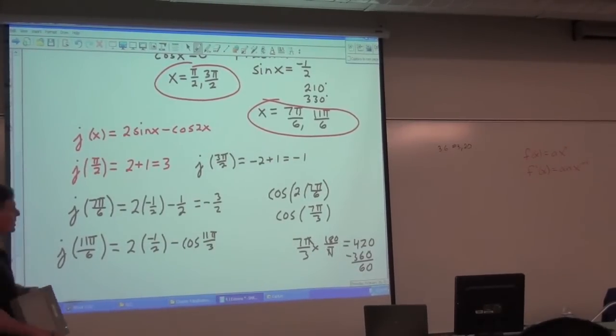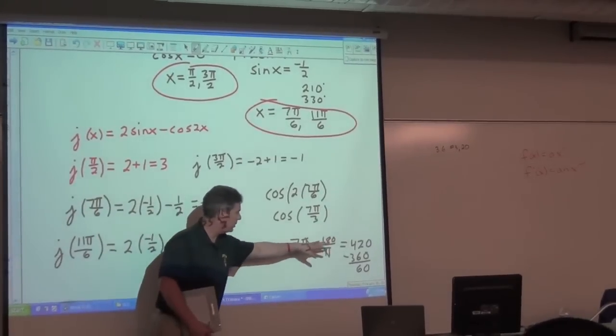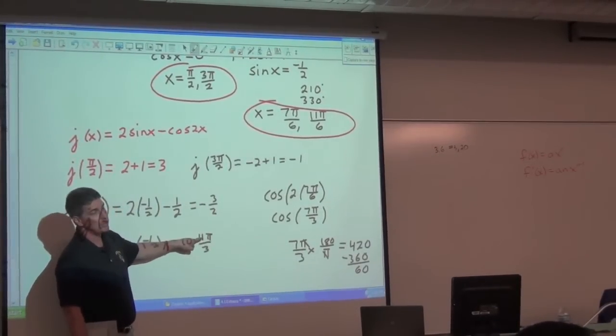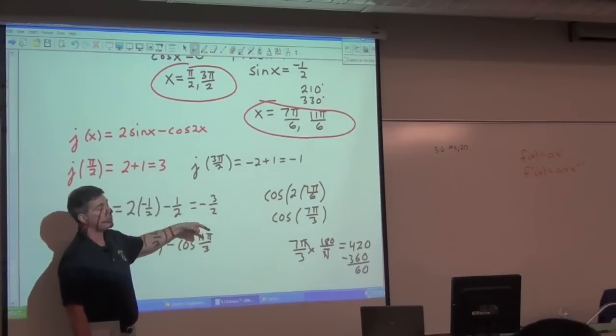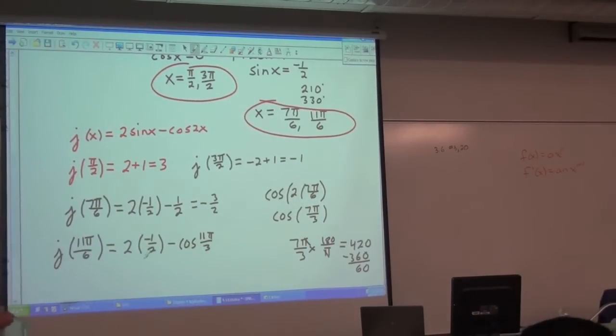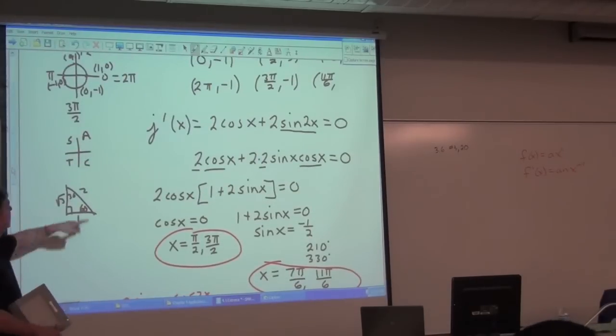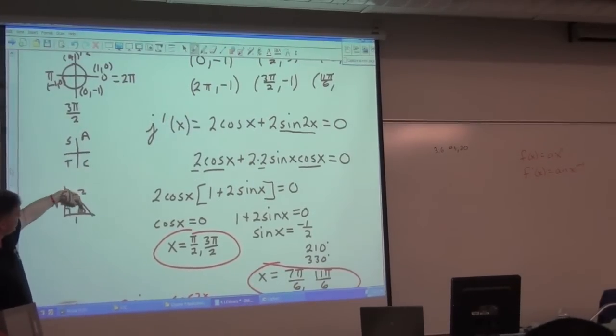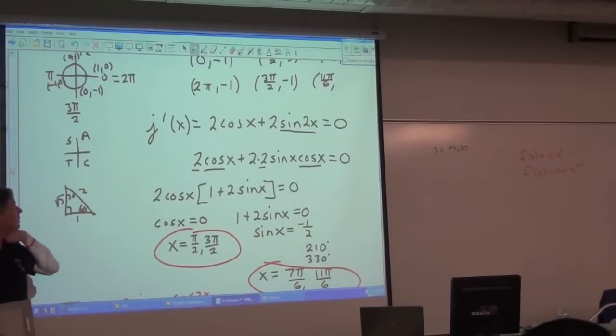If I do the same type of thing that I did here, 3 goes into 180 60 times, 60 times 11 would be 660. Subtract 360, you get 300. This is the same as the cosine of 300. And 300 degrees would be here, so it'd be cosine of 60, it's 1/2.